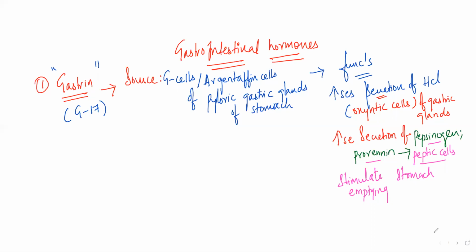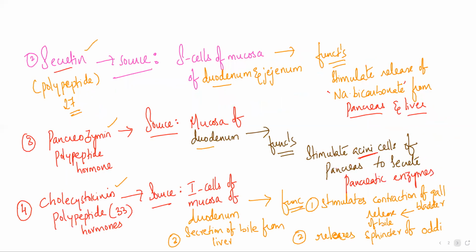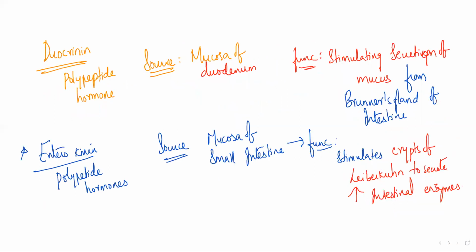These are all their functions. We have spoken about gastrin, secretin, pancreozymin, cholecystokinin, duocrinin and enterokinin. I hope children you have all understood this and discovered the important function of these gastrointestinal hormones in the digestion process, how they enable the secretions and how they enable the digestion process.